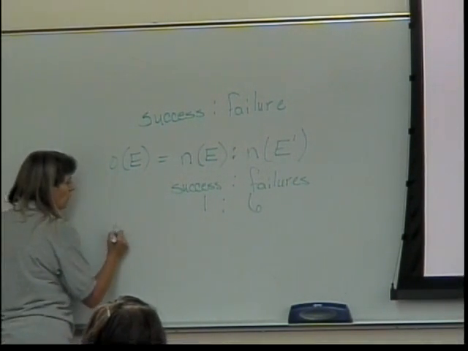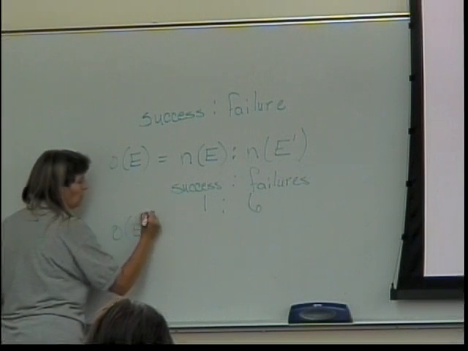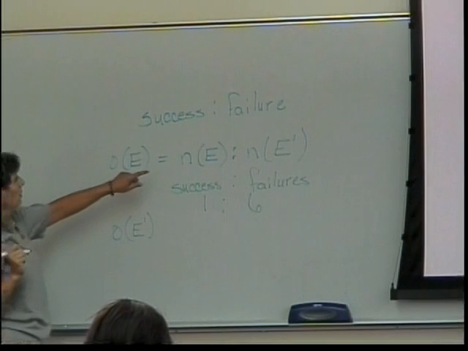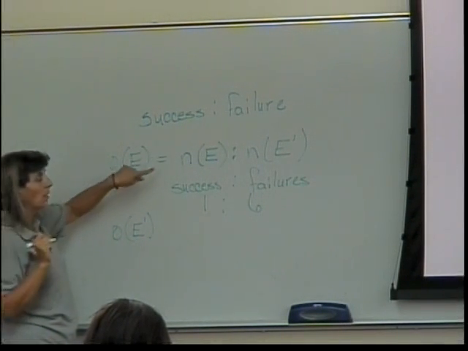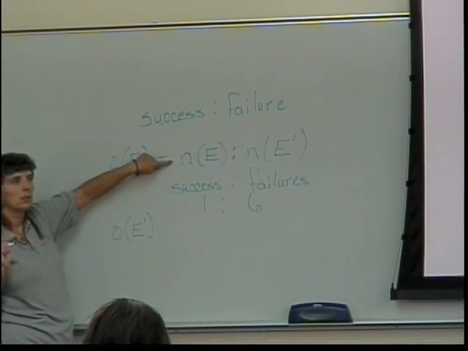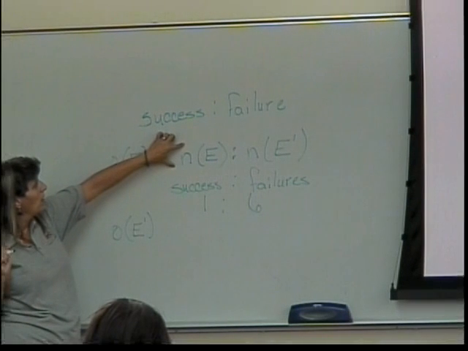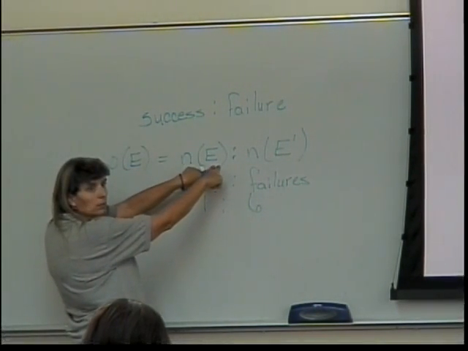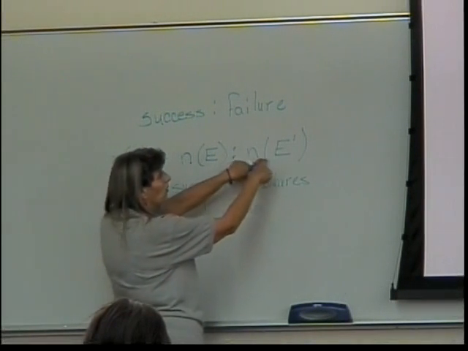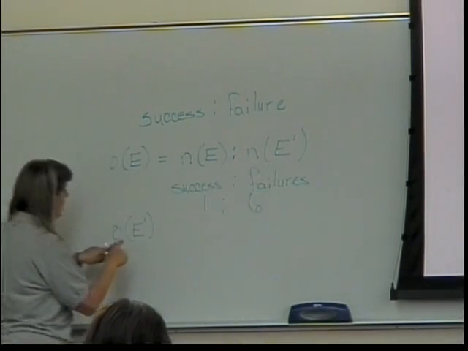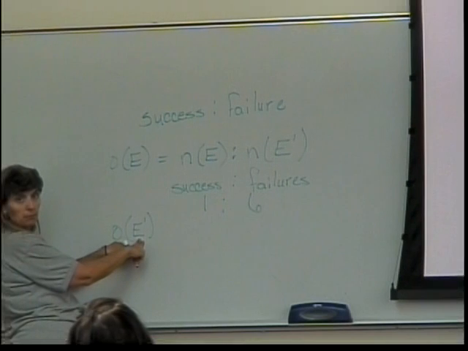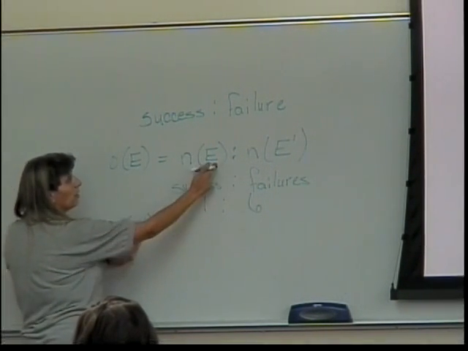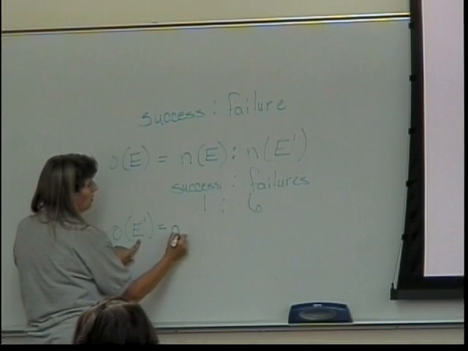So what are going to be the odds of the complement of my event? Well, 1 to 7. Not 7. Think about this. Here, the number of things in my event to the number of things not in my event. Here, the odds of my event not happening should be, well, here was E, there was E, so what should be here?